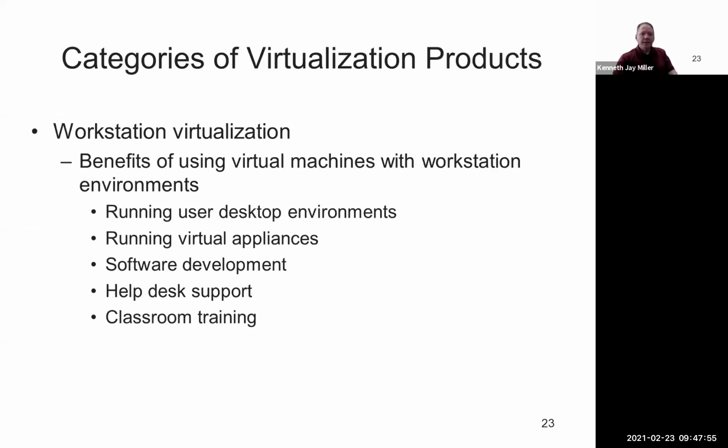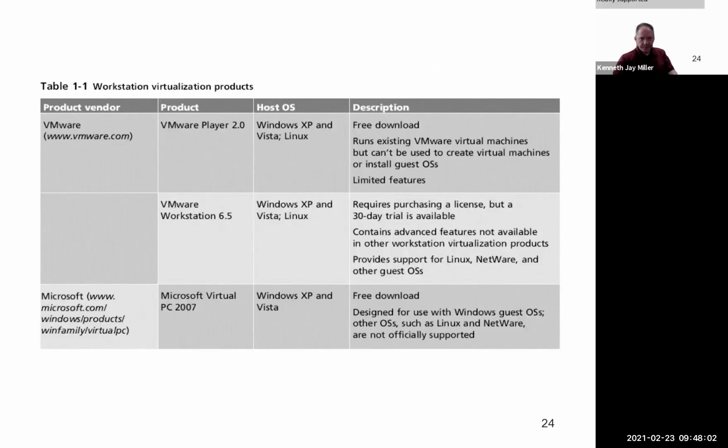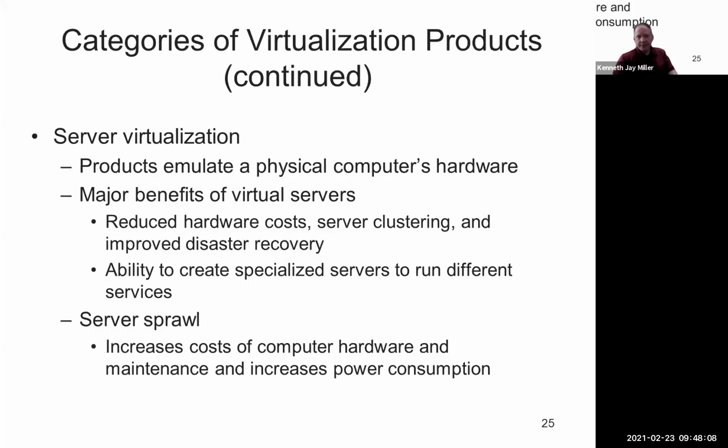Okay. Now there are different ways we can virtualize. I'm going to leave some of these slides here for you to look at. So here's some versions of different workstation virtualization, some of the server virtualization, and here's this server sprawl, which means that we're buying servers for every function.